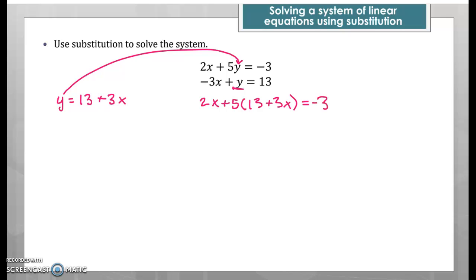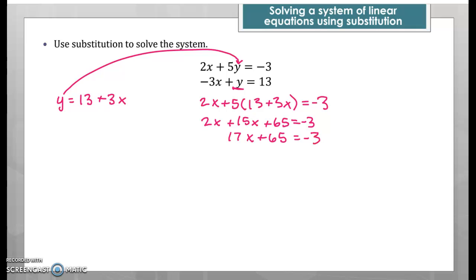Now I have one equation and one variable that I need to solve for, which is x. So I can distribute the 5 through, and I'll end up getting 2x plus 15x plus 65 equals -3. I end up getting 17x plus 65 equals -3 after combining like terms.